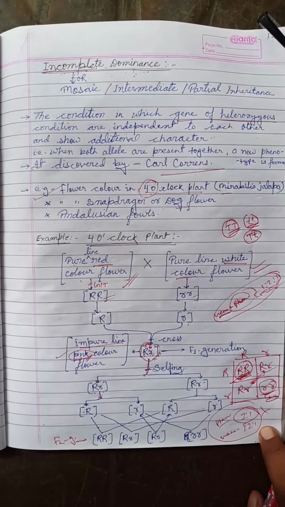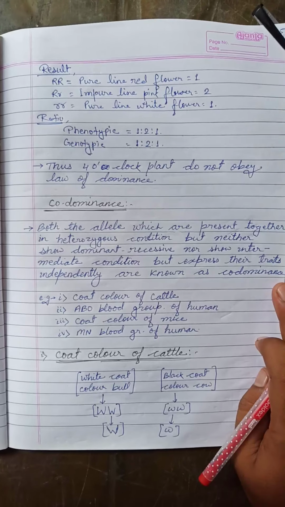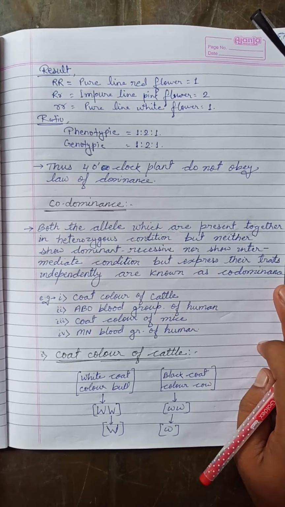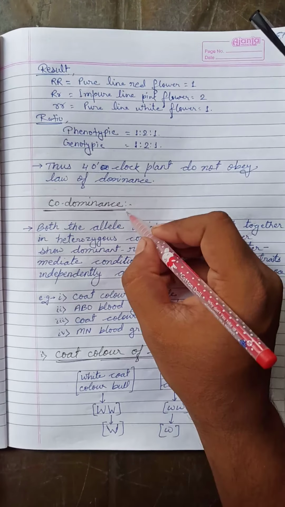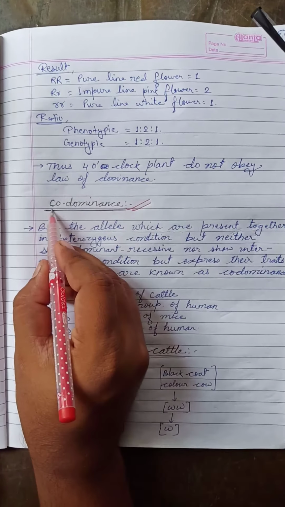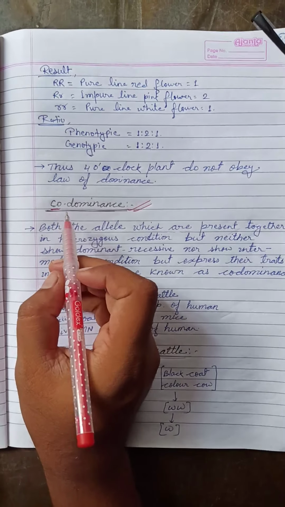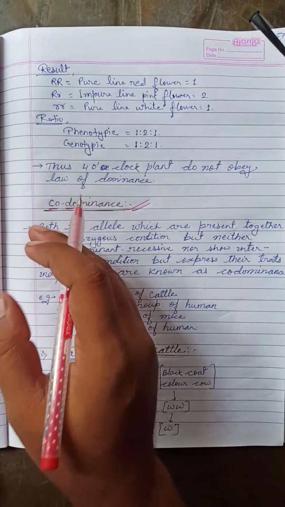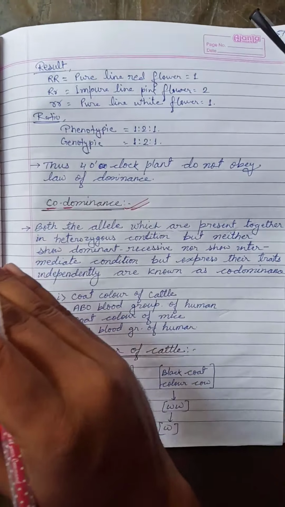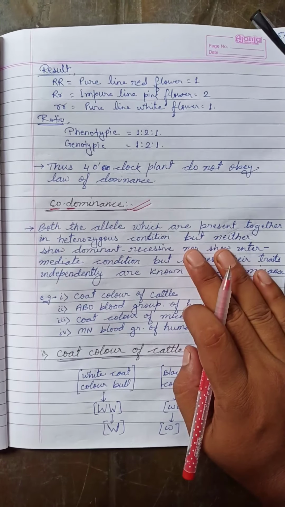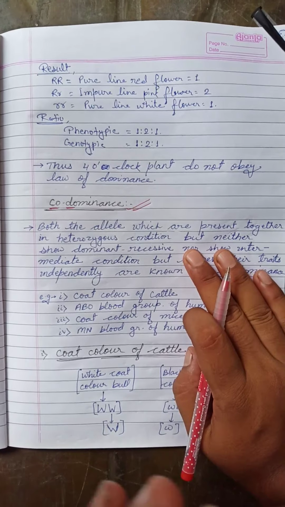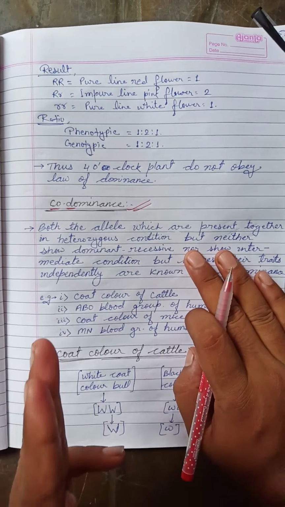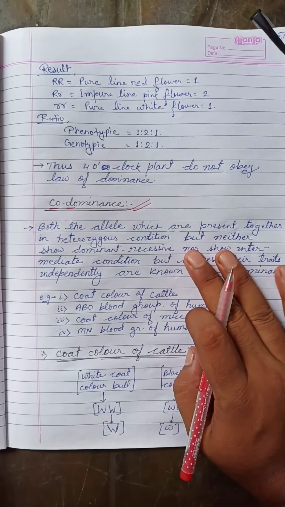Okay, now look at here about the different types of exception of law of dominance, that is codominance. Co means equal and dominance means dominancy. Each gene or each allele dominate towards each other, that means the equal effect on both the genes.